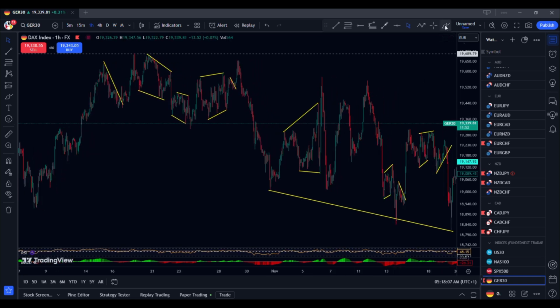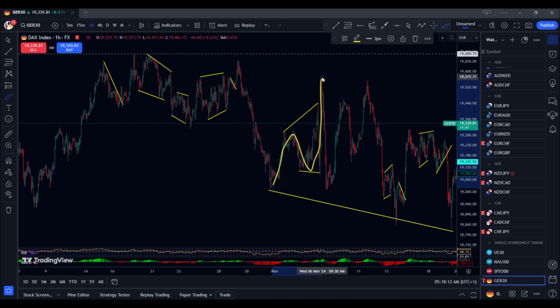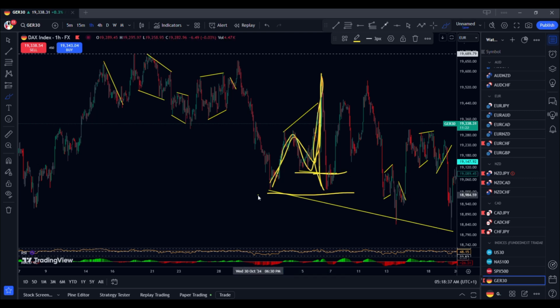And then here you can see that this was a pullback because this now came down, okay, and because it didn't break this low, you assume that okay, this came to break the last lower high, but it didn't break the start of the impulse.